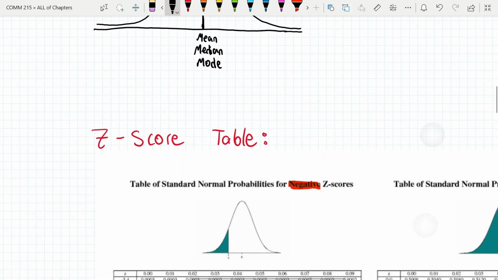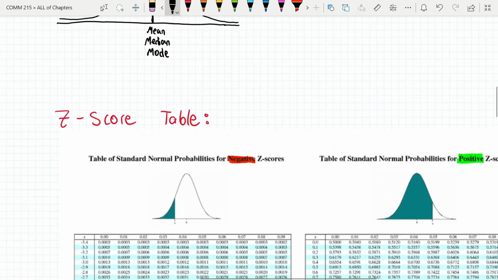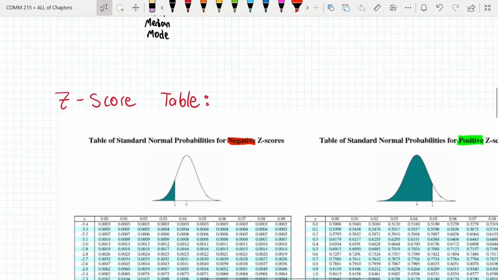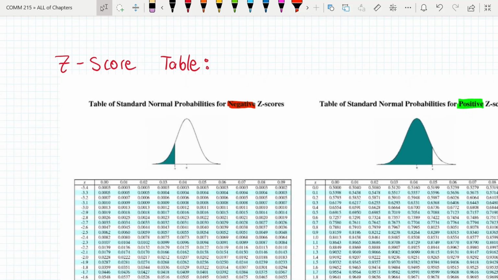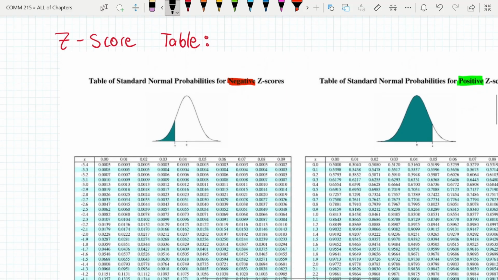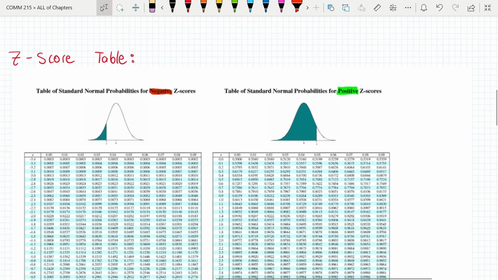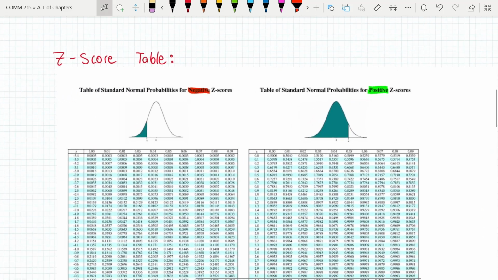Now, describing the z-score table. The z-score table helps you identify the probability or area, which mean the exact same thing with normal distributions. There are two types of z-score tables: the negative one here in red, and the positive one on the right in green.